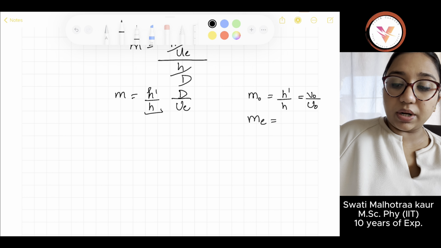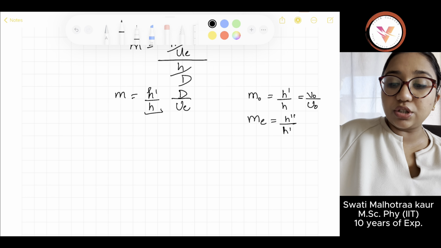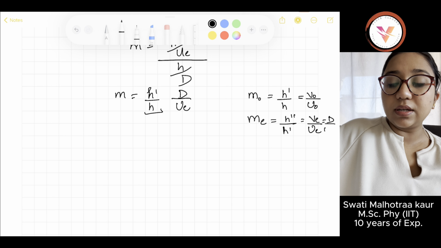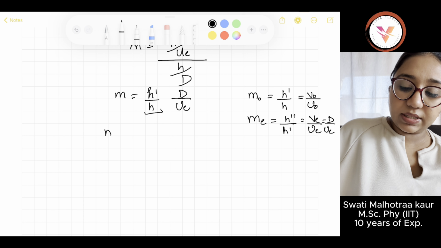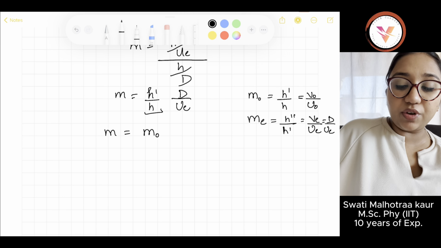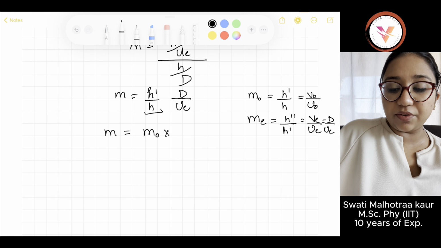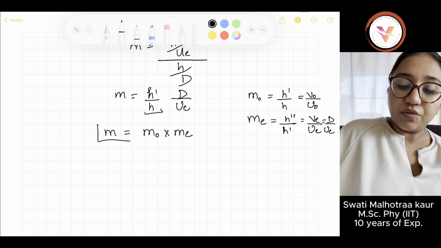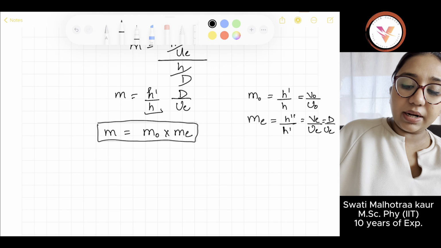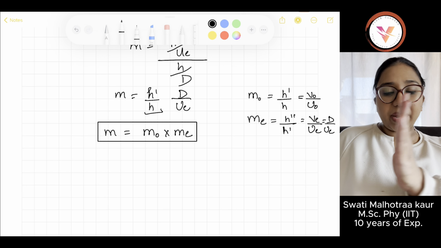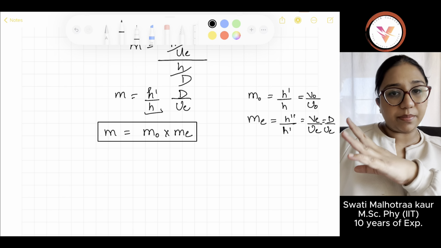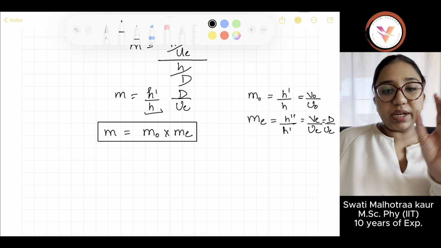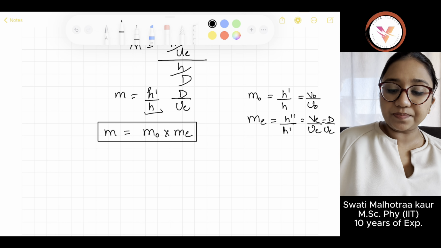And M is what? h' over h'' over h', or we can say VE by UE, and V is D. So this is basically the product of magnification due to the objective lens and magnification due to the eyepiece, which we already know: the total magnification from n number of lenses is the product of the magnifications due to the individual lenses, and you have to multiply them.